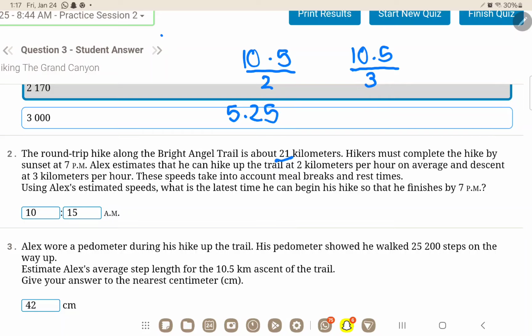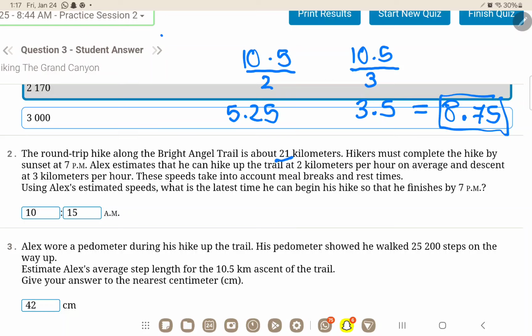And 10.5 divided by 3 gives us 3.5. If we add these two numbers together, this whole trip needs 8.75 hours.